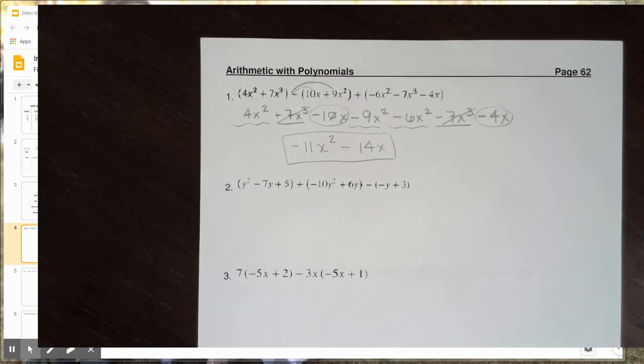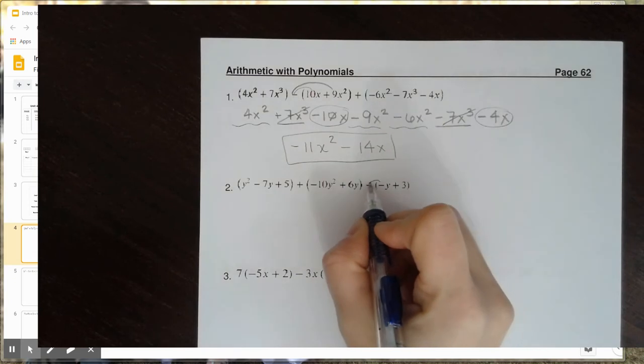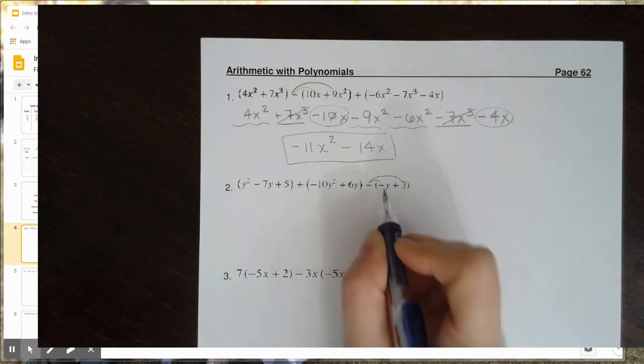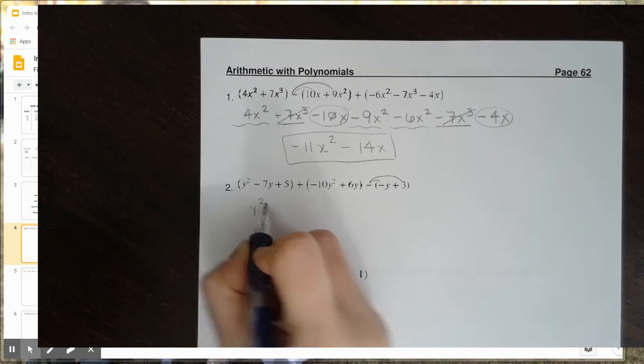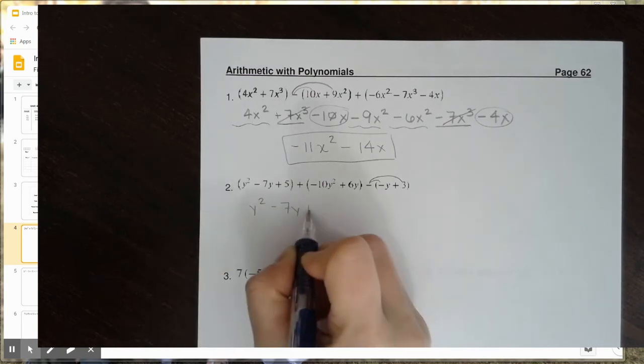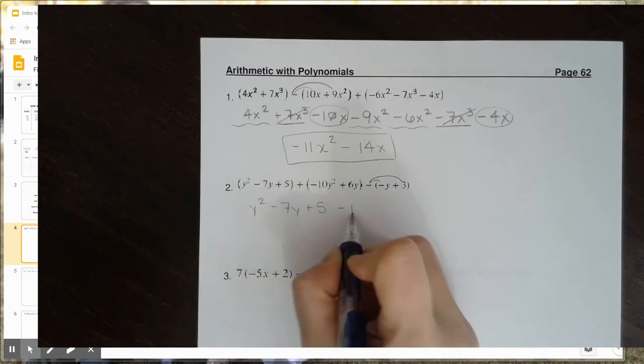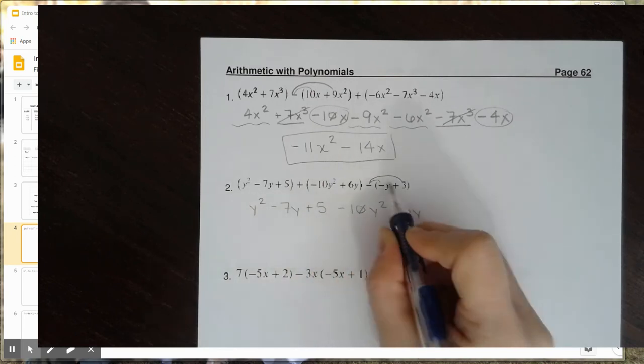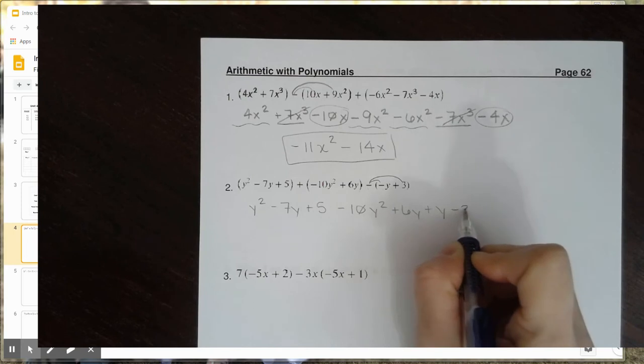Number 2, same thing as number 1, except now when I distribute the negative, this y will become positive. So I'll have y squared minus 7y plus 5 minus 10y squared plus 6y plus y minus 3.